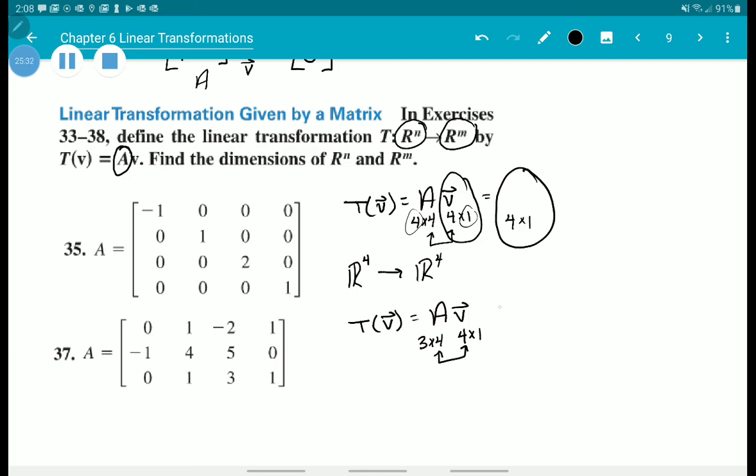So those dimensions match. And when we multiply, what are we going to get? And that's right, we're going to end up with a 3x1. So where we're starting is in R4. This is a vector that lives in R4. And then we are heading to R3.